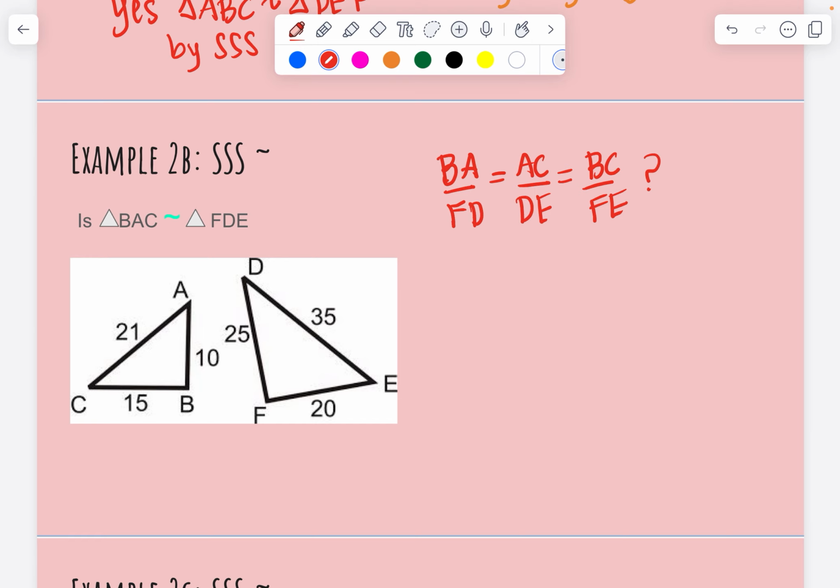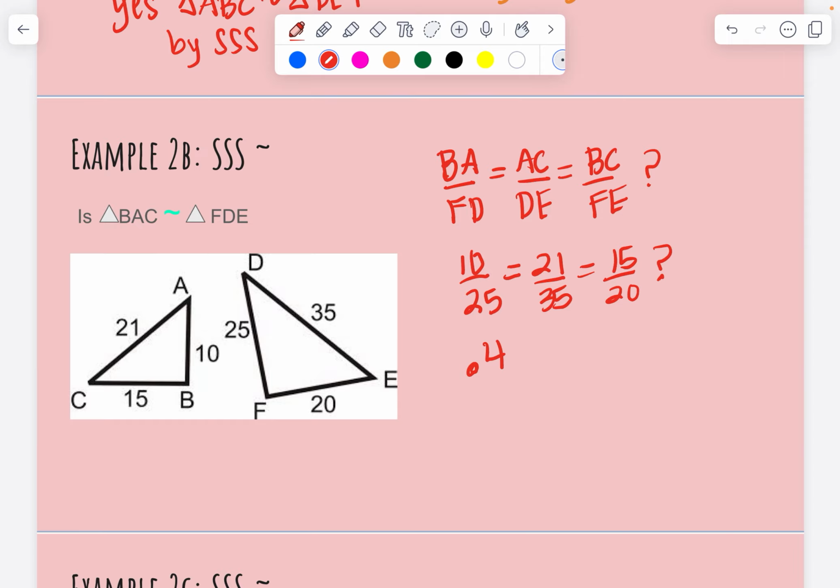If we plug in our numbers, 10 over 25, 21 over 35, and 15 over 20. So are all of those the same? 10 over 25 simplifies to 0.4. 21 over 35 simplifies to 0.6.